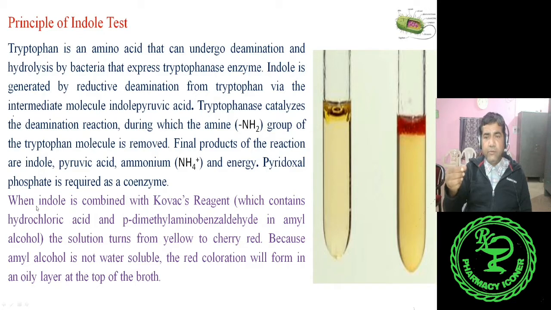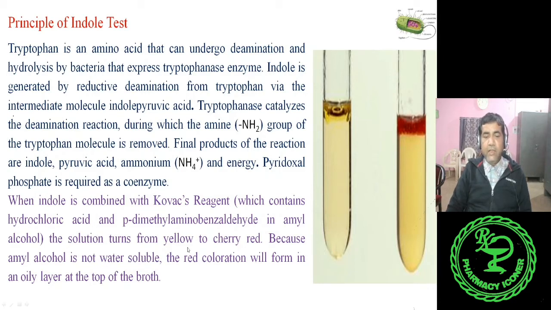Microorganism suspension is taken, to it Kovacs reagent is added. So when indole is combined with Kovacs reagent, what does Kovacs reagent contain? It contains hydrochloric acid and p-dimethylaminobenzaldehyde in amyl alcohol.